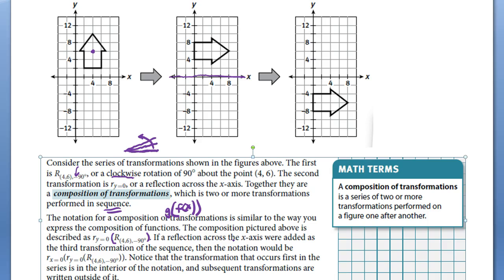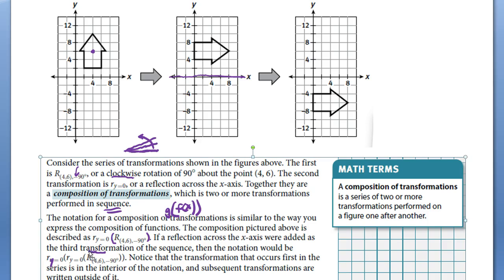If a reflection across the x-axis were added as the third transformation of the sequence, then the notation would be reflection over, this was supposed to be the x-axis, so that's y equals 0, of the reflection over y equals 0 of that rotation. So look at the sequence of 3 transformations kind of building out from this happening first, then this happening, and then this happening.